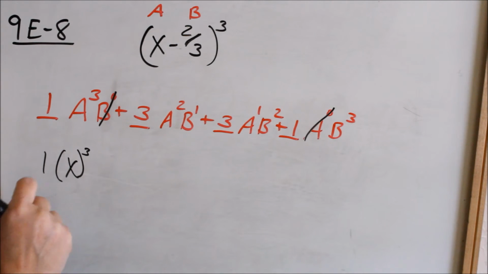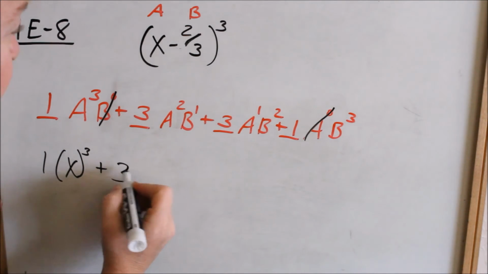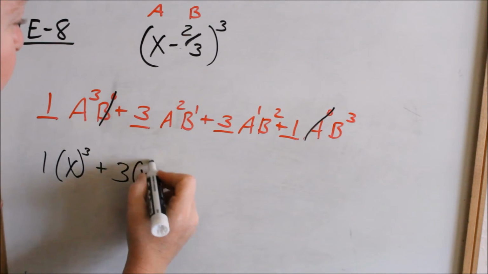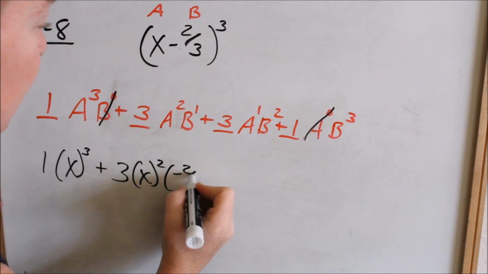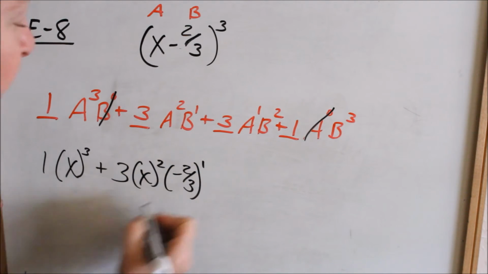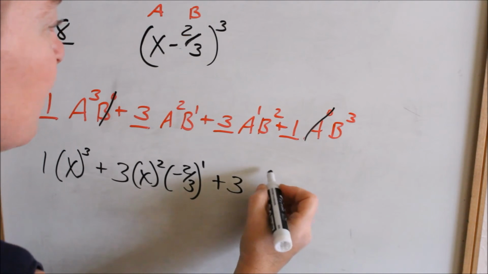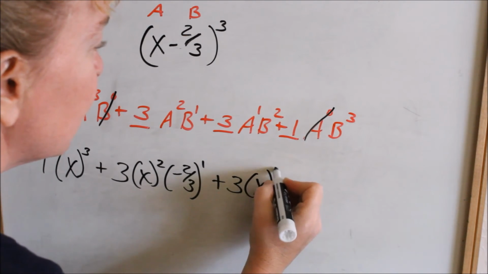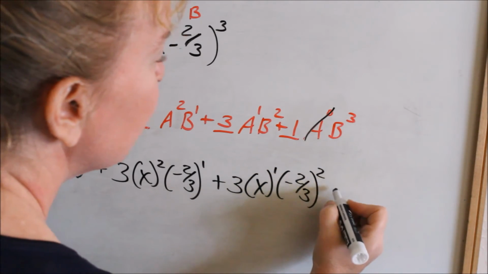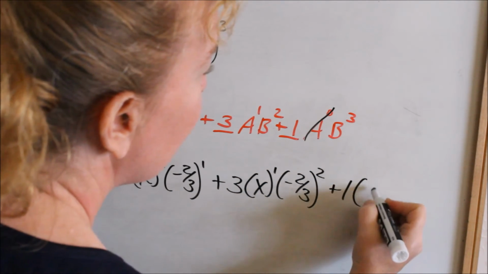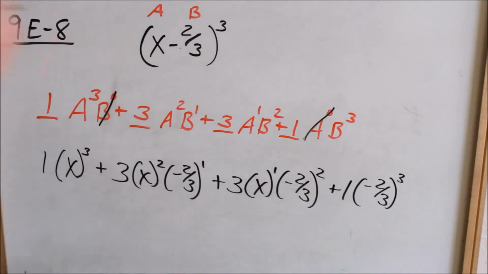That way you keep your negatives on the inside of your parentheses. Plus 3 times x squared, and then b to the first, which is negative 2/3 to the first. I don't even have to write to the first, but I will. Plus 3 times a to the first, which is x to the first, negative 2/3 squared, plus 1 times our b cubed, negative 2/3 cubed.